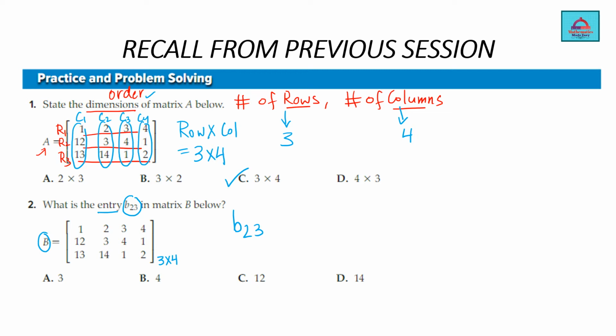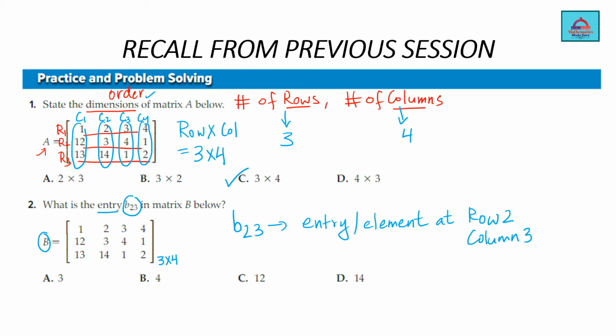And out of this matrix, you have to identify B23. We can say this is the entry, or another name is element. The position is denoted by 2 followed by 3. So the first is the row, so row 2. The second entry denotes the column, so column 3. So which is the element in the second row and third column?